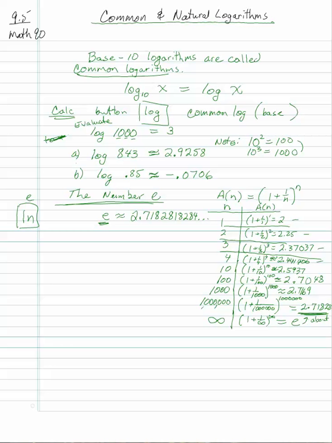It's an irrational number. So basically, if you just know 2.718, that's good enough for our purposes.